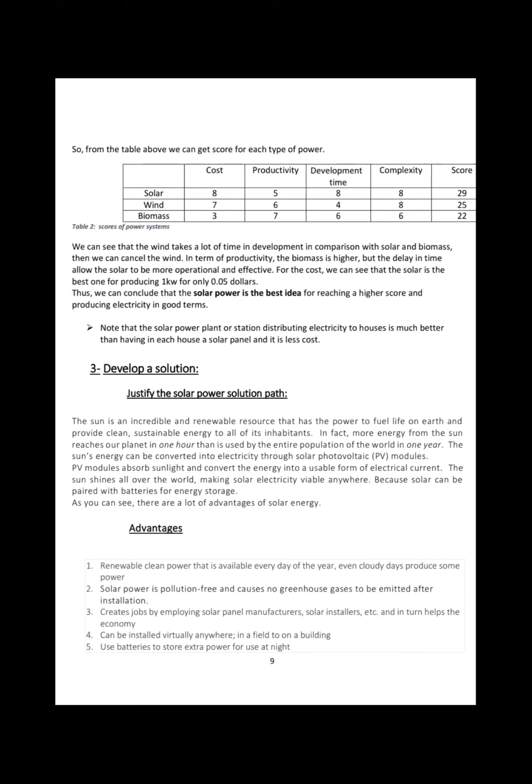For the cost, we can see that the solar is the best one for producing 1 kilowatt for only $0.05. Thus, we can conclude that solar power is the best idea for reaching a higher score and producing electricity in good terms. Note that a solar power plant or station distributing electricity to houses is much better than having a solar panel in each house, and it is less costly.